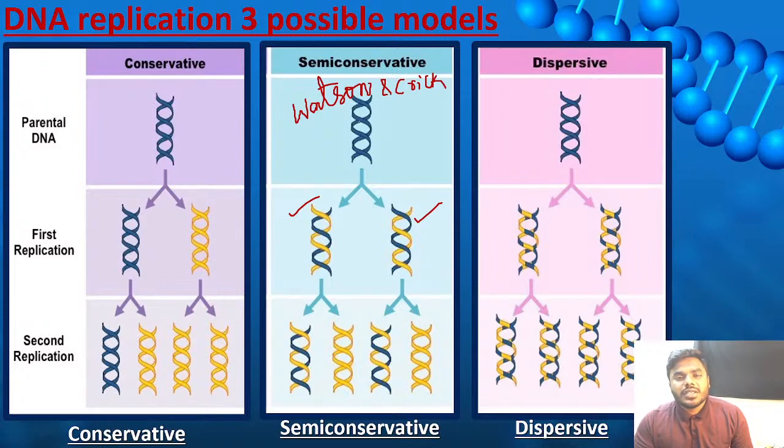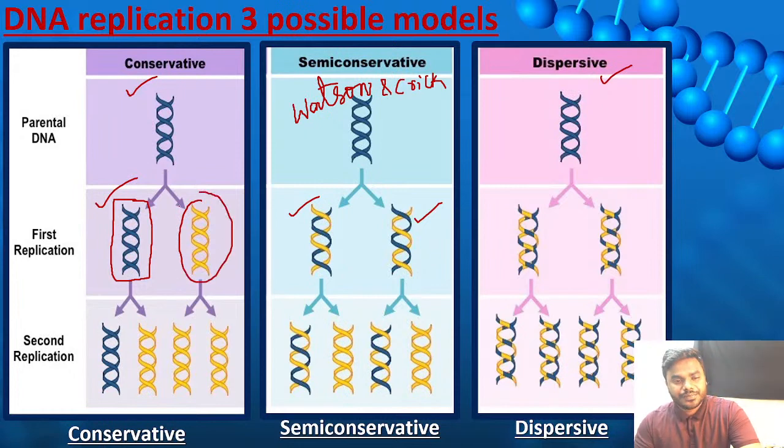By opposing the semi-conservative model, the conservative model was proposed, as well as the dispersive model. According to the conservative model, the entire parental DNA is preserved and gives rise to a daughter strand.